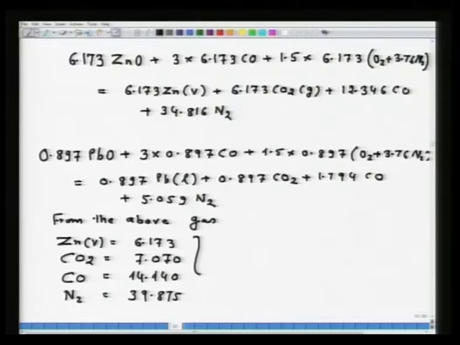Mind you, they are all in kg moles. Now, a total of all this is equal to 67.258 kg mole. This 67.258 kg mole we have gotten as a result of writing the equation by maintaining the exit ratio of CO2 and CO.